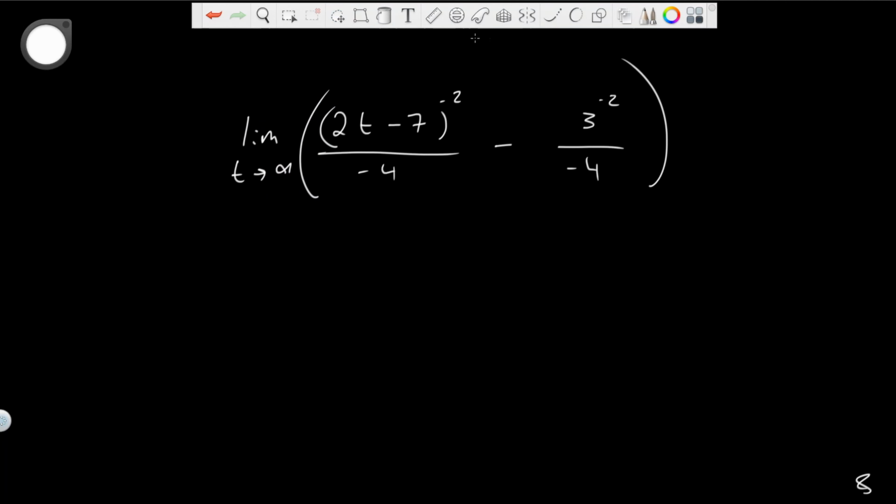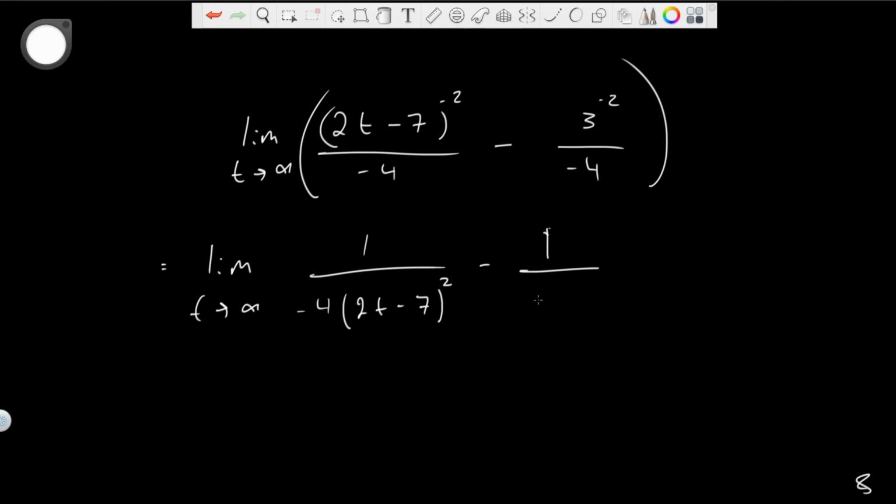Awesome. Let me rewrite this one last time, because now that I've got everything evaluated, I want my negative power in the denominator. So we have 1 over negative 4 times (2t minus 7) squared, minus 1 over 9 times 4, which is plus 1 over 36.